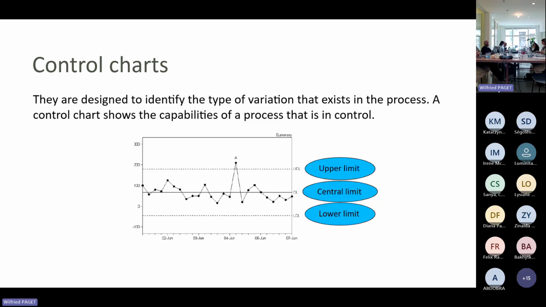As you can see in this chart, the dot is the mean, and we define the upper limit and the lower limit. And in the line, we have the optimal point or the central limit or the control limit. So we use these control charts to evaluate or to identify the type of variation in our process. We can use these charts to check if our process is in control.